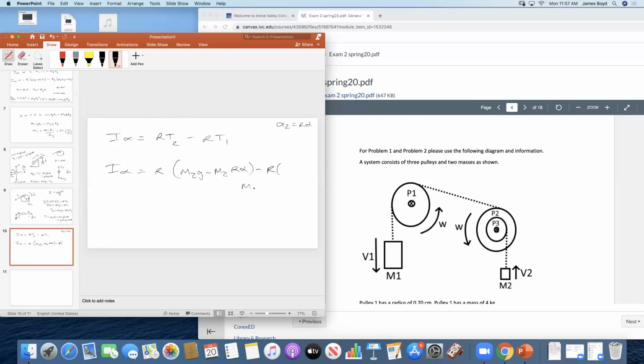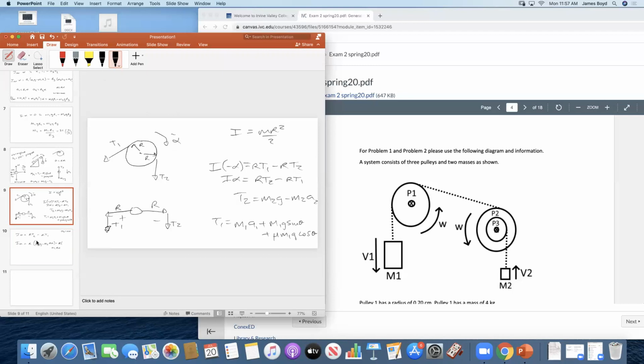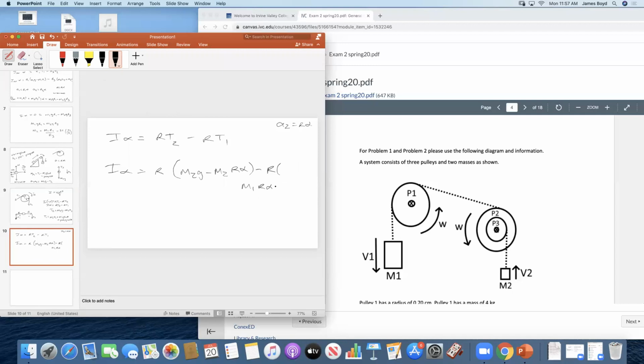M1, A is R alpha, M1G sine theta plus mu M1G cos theta. And then you can see that these are all negative now.